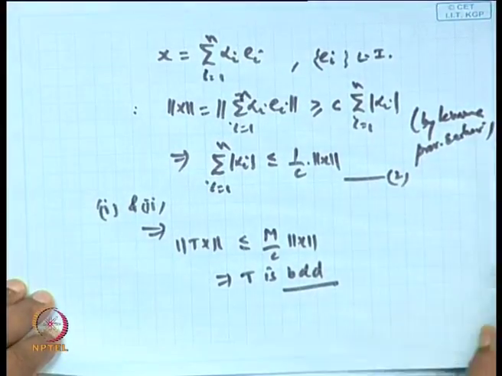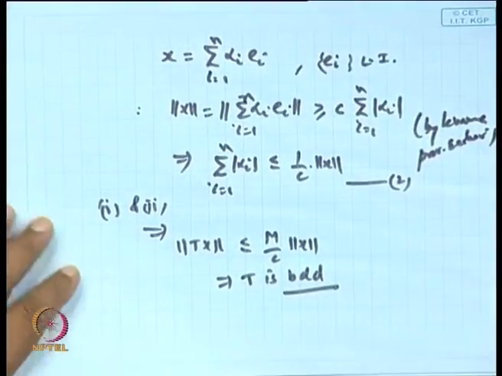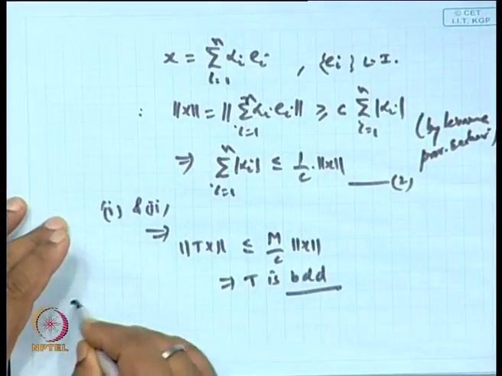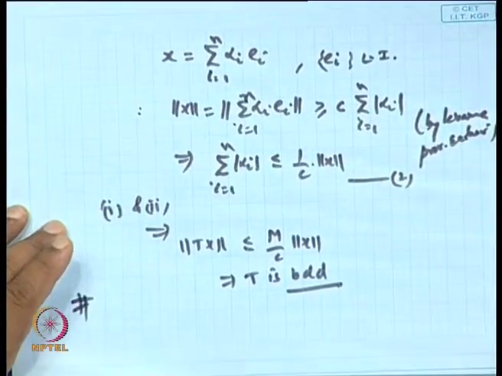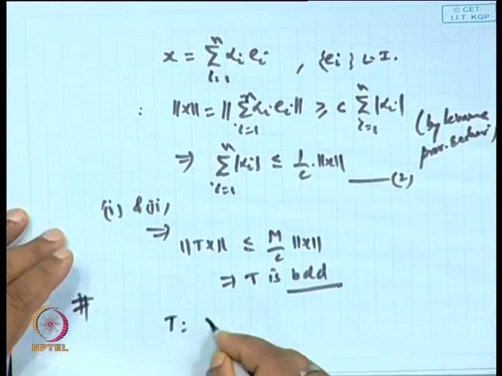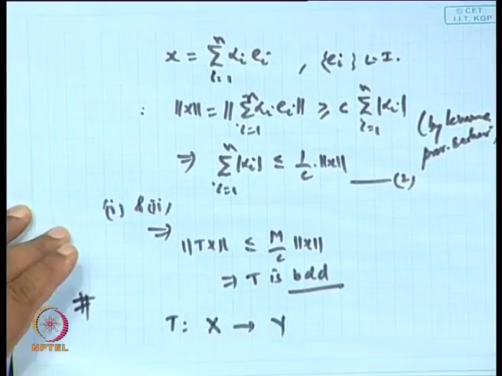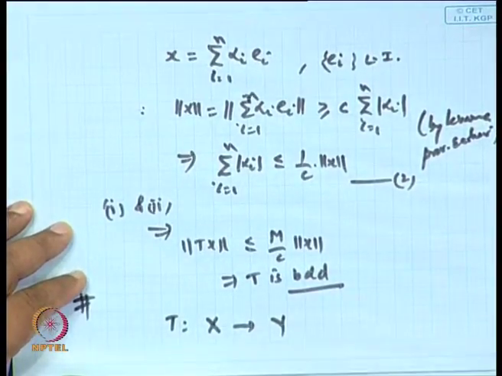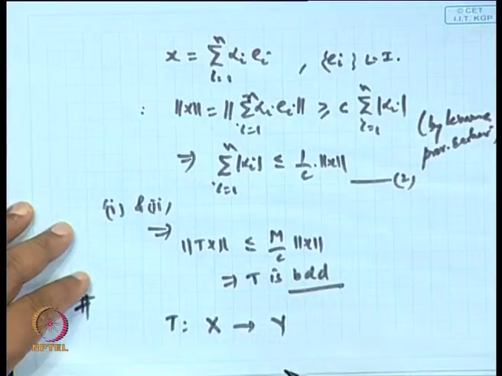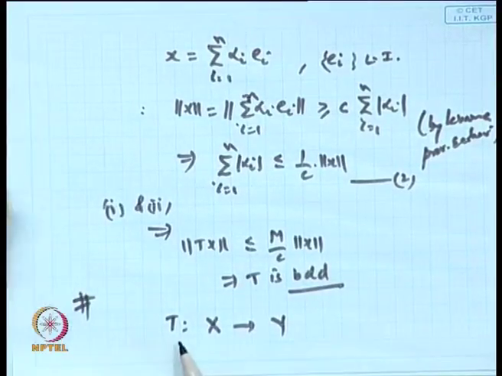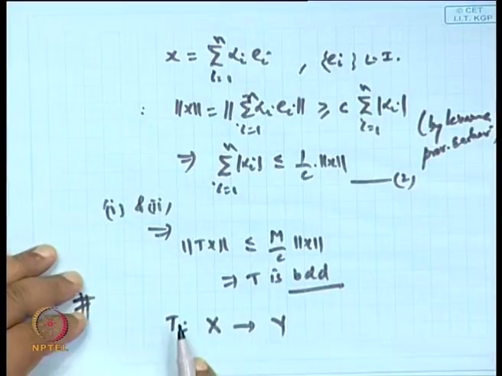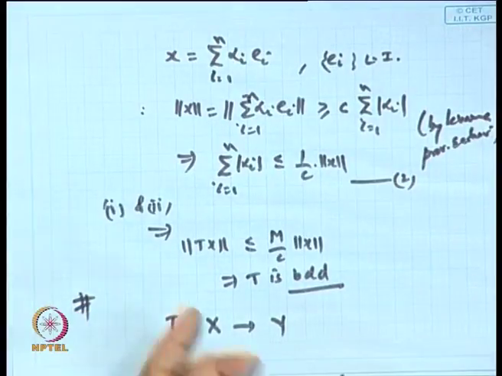Now, since the linear operators are basically a mapping, the only difference is that when we operate from a vector space to a vector space, then this is called an operator. Whether the vector space is replaced by a normed space or a Banach space, again this is a mapping. So, in case of a mapping, we have a concept of continuity.